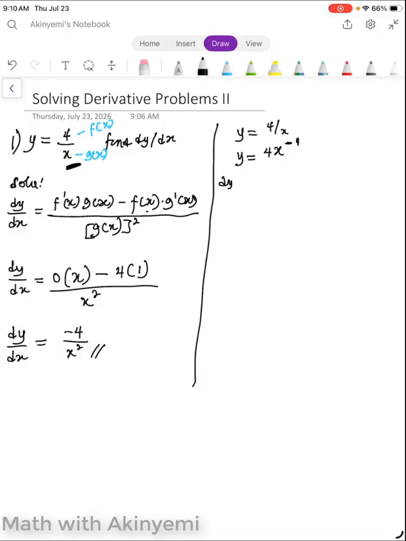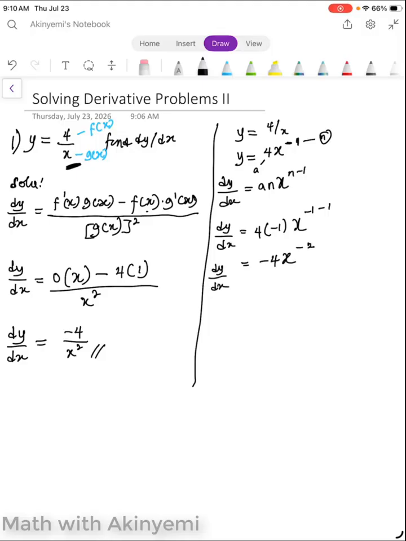So dy over dx in this case will be, don't forget, this is our a, this is our n. So a n x to the n minus 1. dy over dx will be equal to 4 times minus 1 times x raised to power minus 1 minus 1, which is minus 4 x raised to power minus 2.